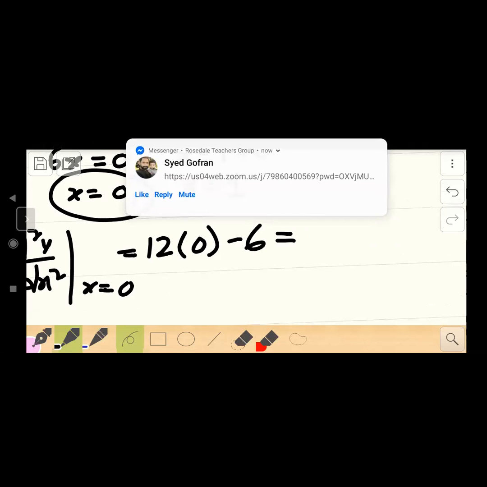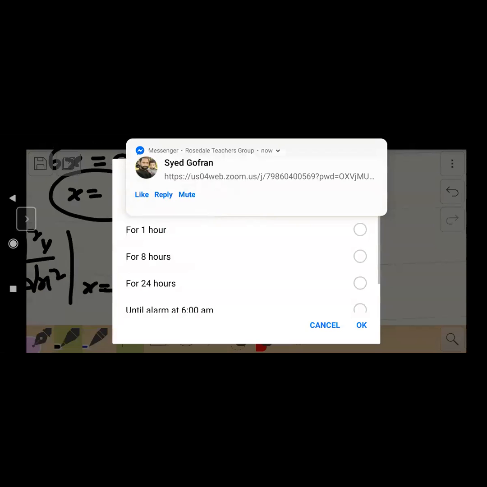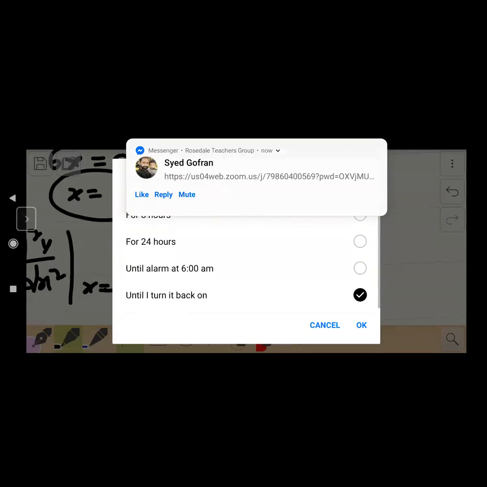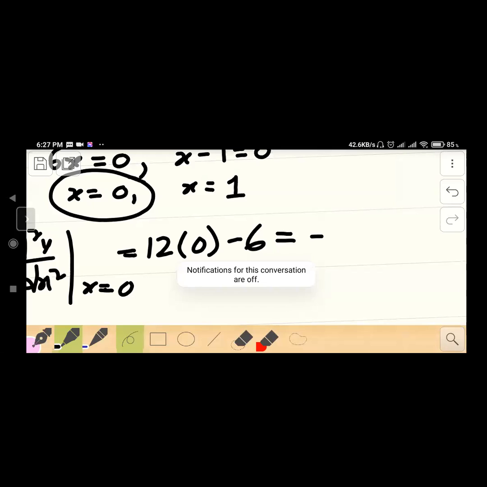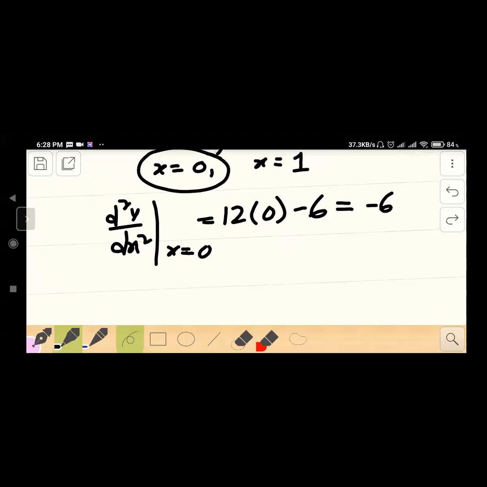So this is minus 6. So it's a negative. So is it a happy face or a sad face? Tell me. Sad face. So maximum point, isn't it? So we will say that it is a sad face. Oh, sorry. It is a maximum point.